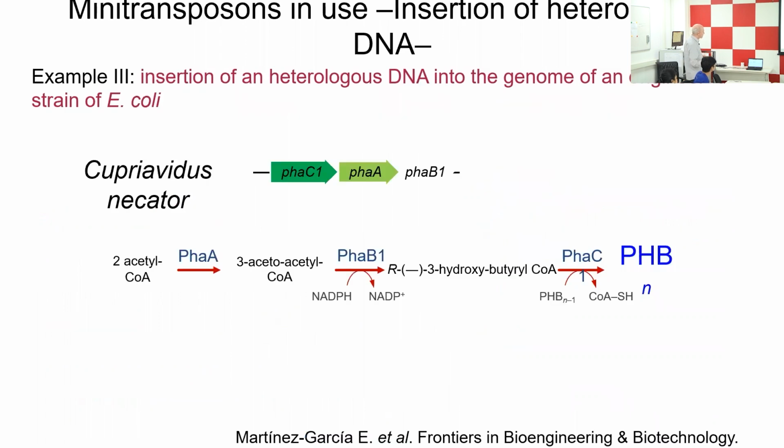Okay, but as I said, one of the main applications of these transposons is to insert new segments of DNA in the genome of a pre-existing chromosome, right? So, for instance, there's a project that we started some time ago to take genes for production of polyhydroxybutyrate.